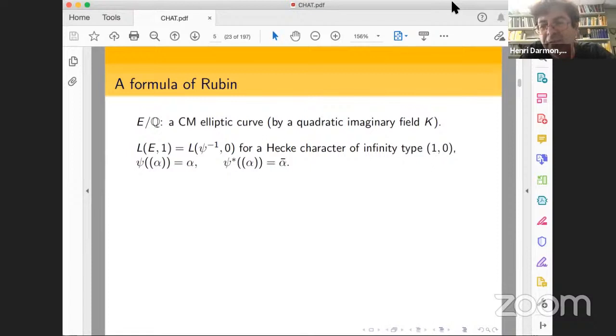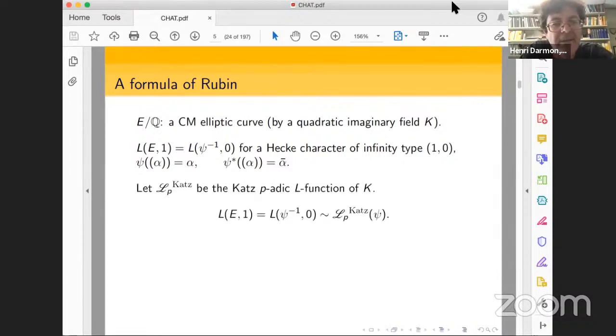And such a character always has a complex conjugate, which one obtains by just replacing alpha by alpha bar. And as far as the complex L series are concerned, these two L functions of psi and psi star typically give rise to the same Euler product, at least if the conductor is rational. But there's also a p-adic analog of this Hecke L function, the so-called Katz p-adic L function, which is defined by p-adically interpolating the special values of the Hecke L function.